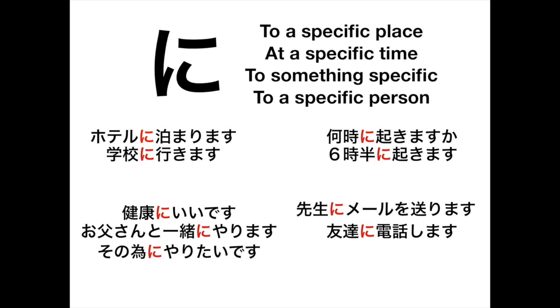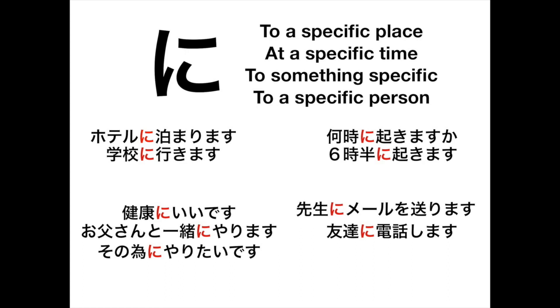Okay, and then the bottom right side we have 先生にメールを送ります, which is teacher specific person. メール with mail を send. So I send mail to my teacher specifically. So we use に.